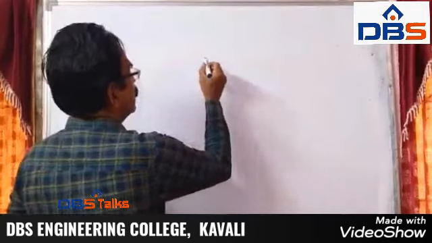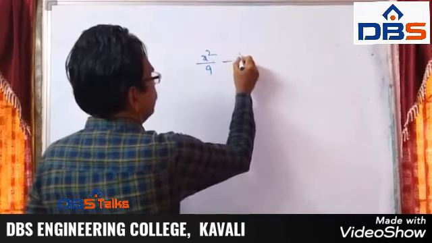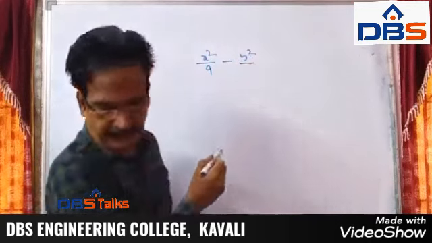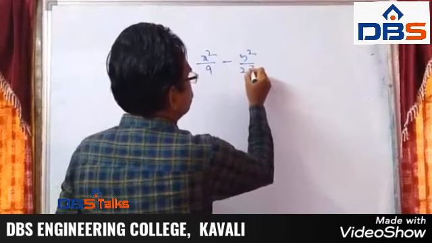What are the vertices and foci of the hyperbola with the equation x square by 9 minus y square by 25 is equal to 1?